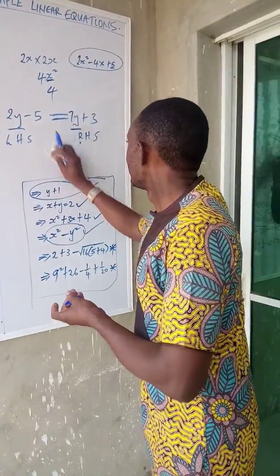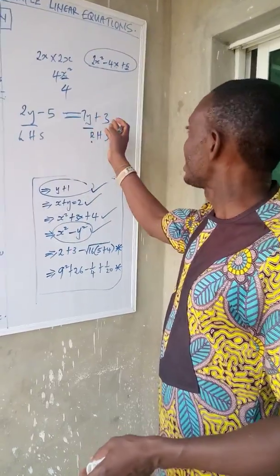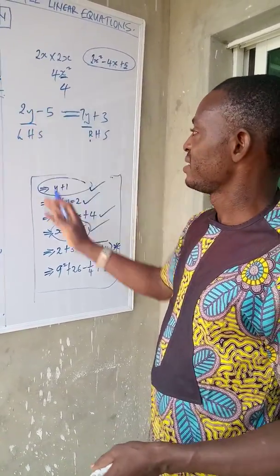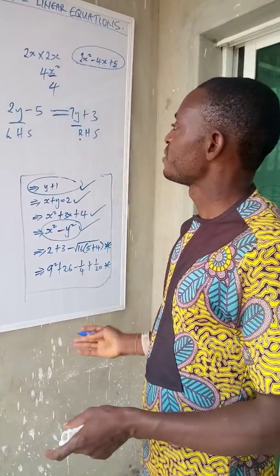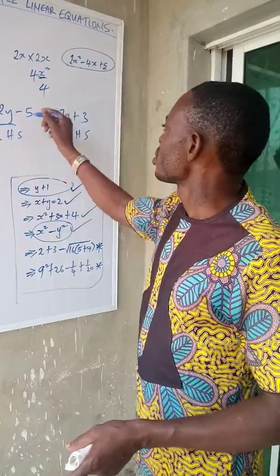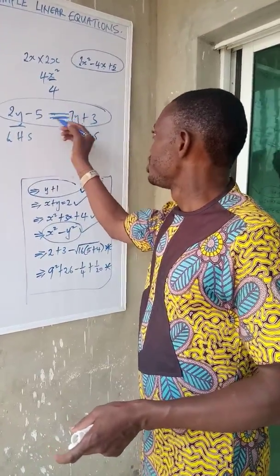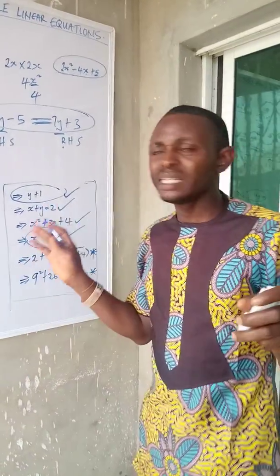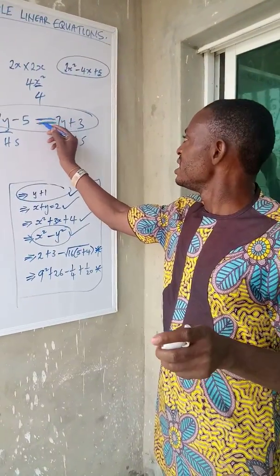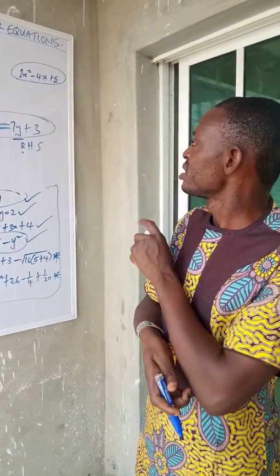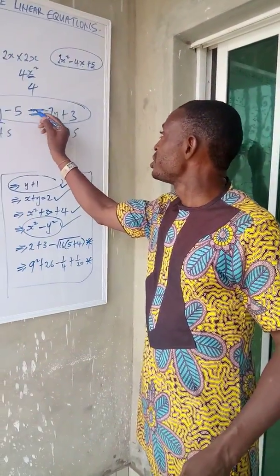Now, to collect like terms will mean that you bring the terms that are alike to one side and the terms that are alike, the other family, to the other side. How do you do that? You have to collect like terms concerning this. Now, this is a bridge, the equal to sign. You must just see it as a bridge. For instance, the Third Mainland Bridge in Lagos is several decades old, but the bridge has never moved.